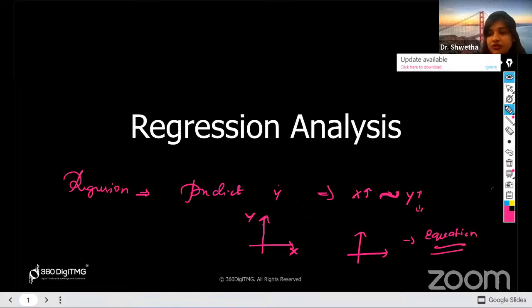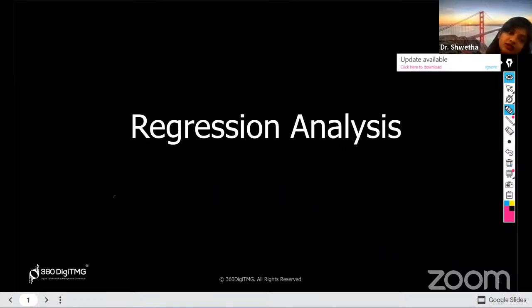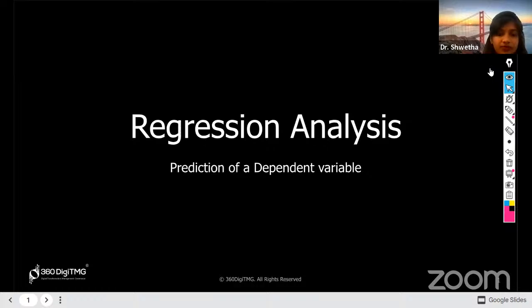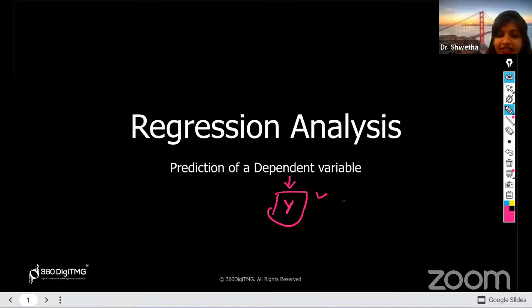So here we are trying to see the relationship between the dependent variable and the independent variable. Our dependent variable would be y and the independent variable would be x. So here we are predicting the dependent variable. What is our dependent variable again? It is the y. So overall, we are predicting the y.